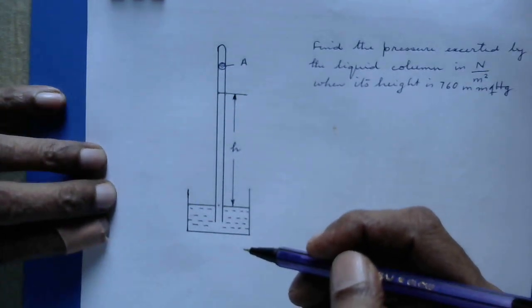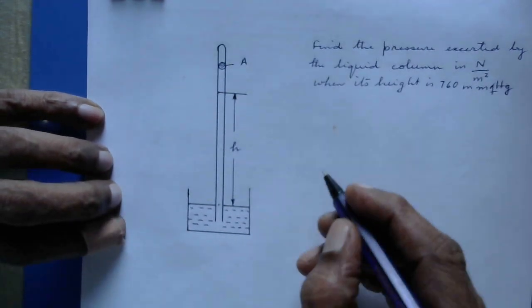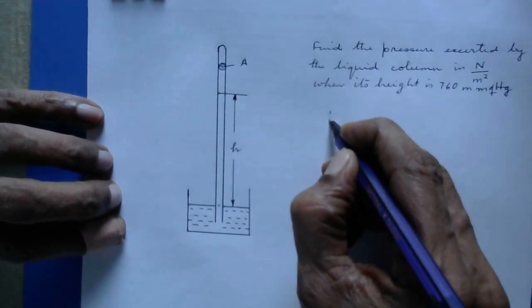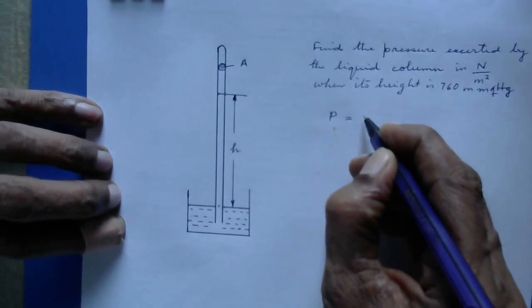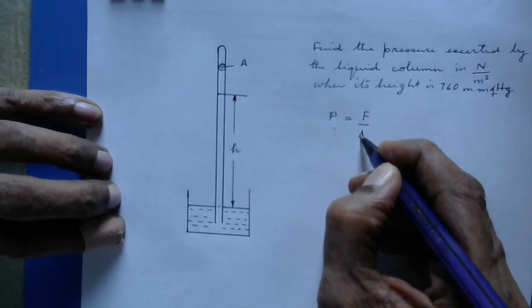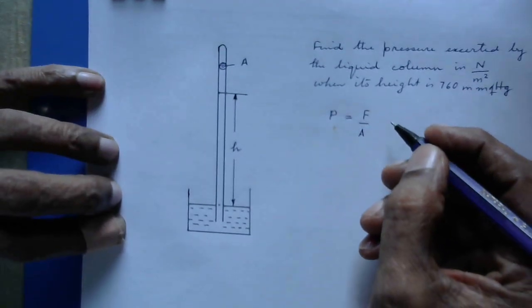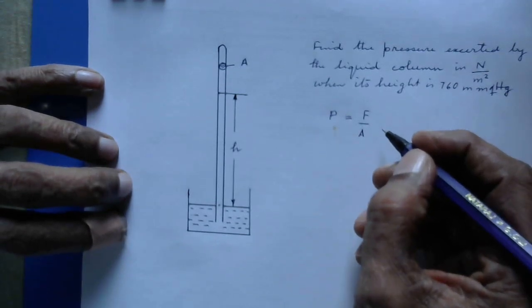So what do we do? We simply use the definition of pressure in science. Definition of pressure is what? P is equal to force by area. Now we need to check.